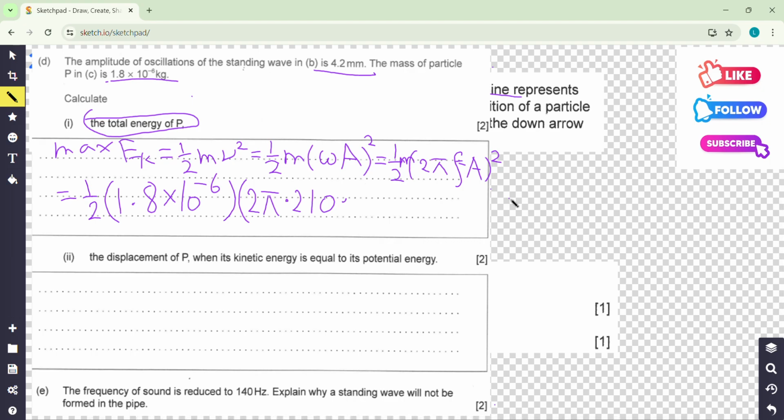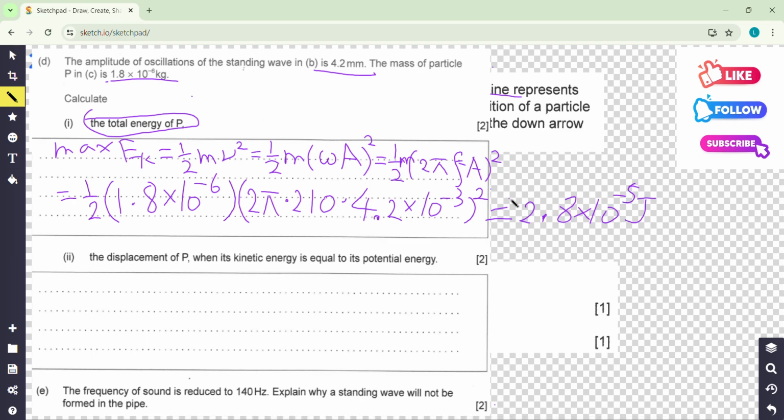And then amplitude 4.2 millimeter. Be careful, SI unit. So 4.2 times 10 to the power negative 3, and then this thing all squared. Now it's our turn. Bring out your calculator. Do it. You got it? It's a very complicated calculation, but I'm sure you can get it. Okay, it's 2.8 times 10 to the power negative 5. And the unit is joules.